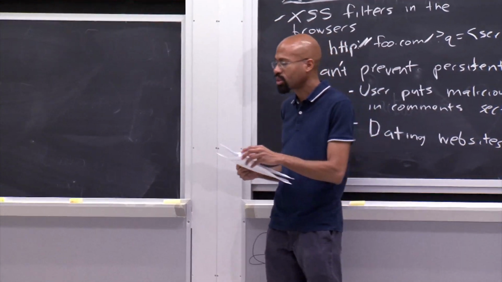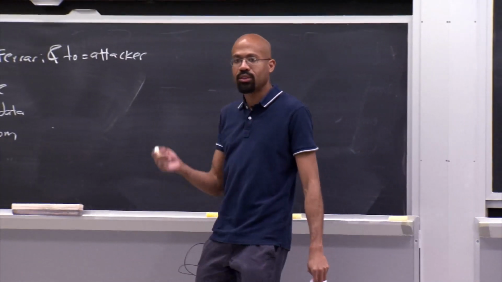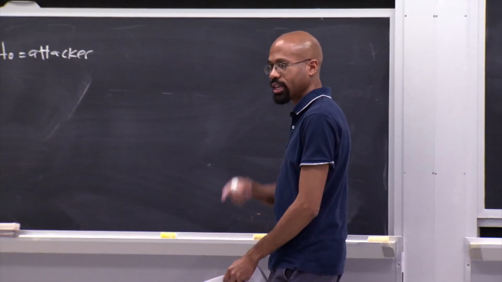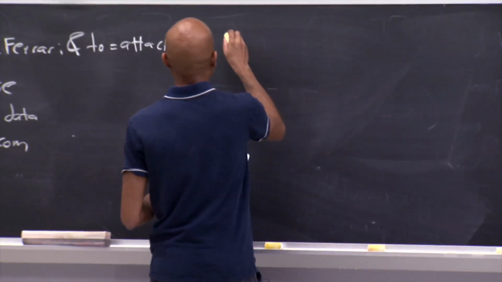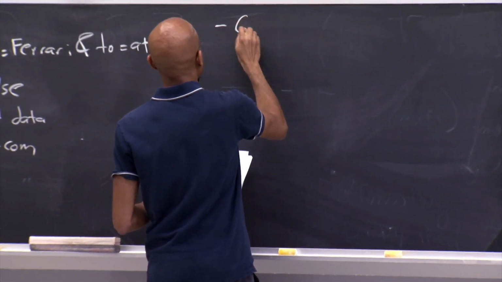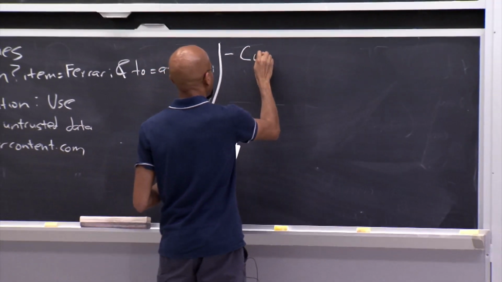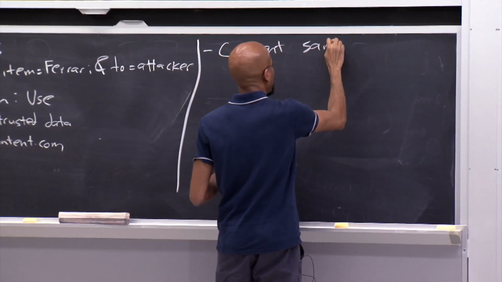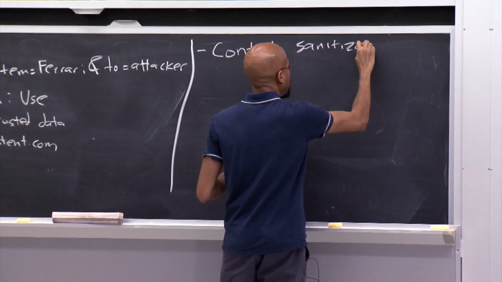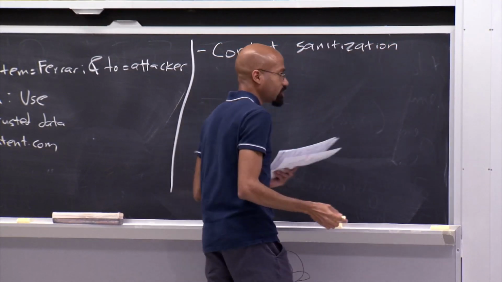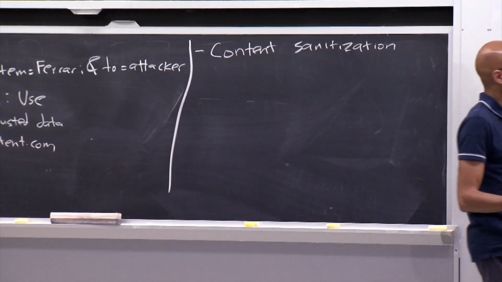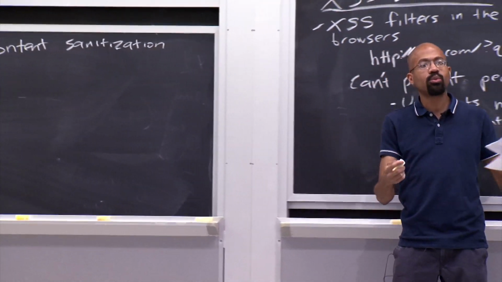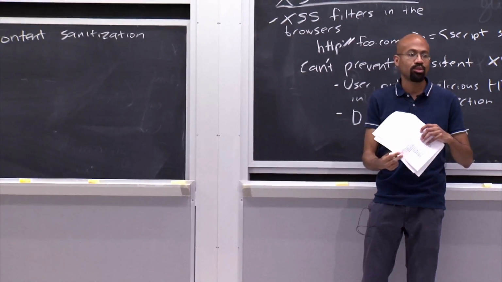Now, another thing you can do, and this gets back to the gentleman's suggestion over here, is that we can actually do content standardization. The idea here is that whenever you receive untrusted content, whether you're the browser, the web server, whatever, you don't trust it at all.